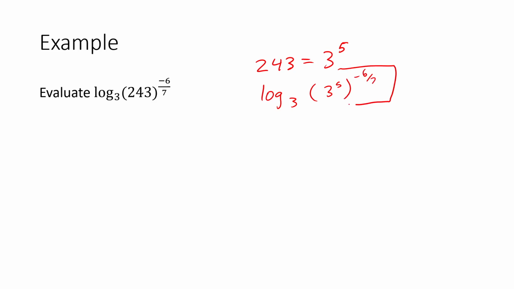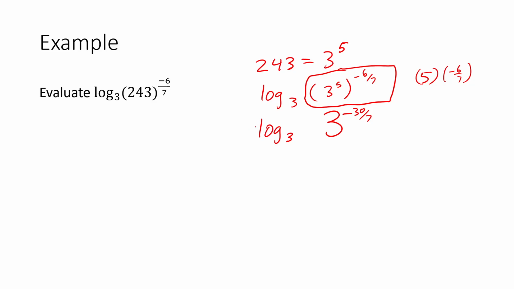What we've got here is a power raised to another exponent. The power 3 to the 5 is raised to the exponent negative 6 over 7, and we remember that all we do is multiply those exponents. So we multiply 5 with negative 6 over 7, and we get negative 30 over 7.